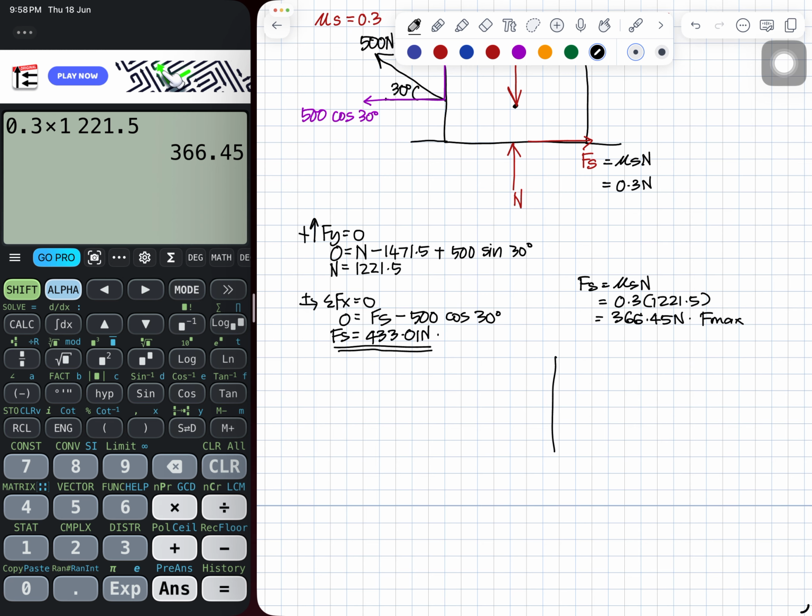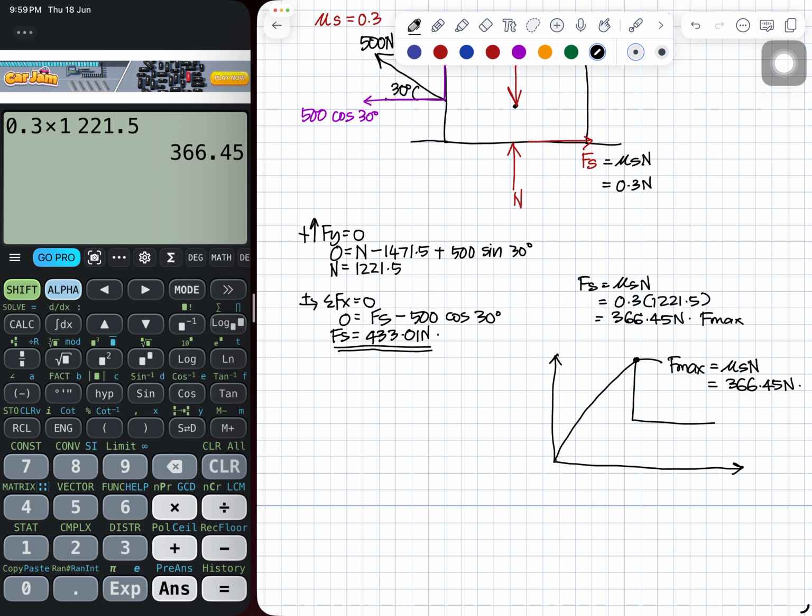So when we take a look at the graph, the value is here, F max equals mu S N, which is equal to 366.45 Newton.